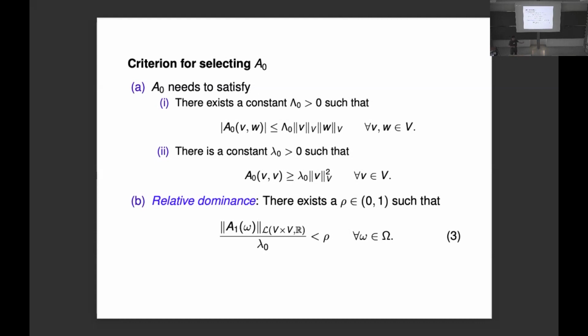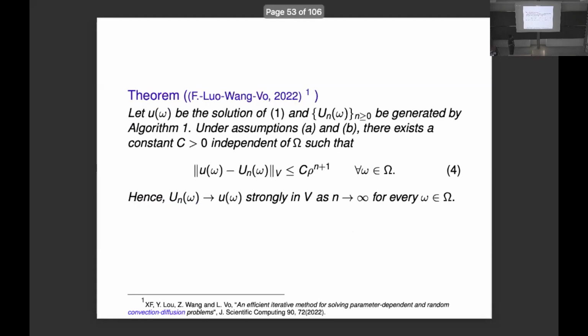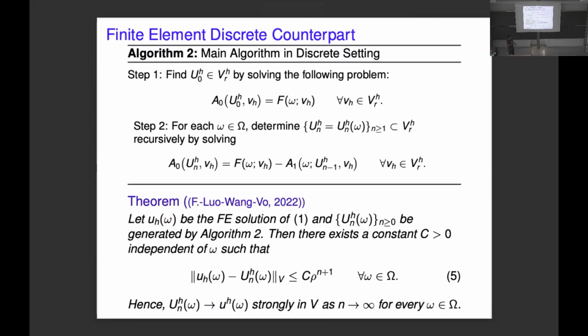The A0 term should be dominant, as expected. Here rho is less than 1. Then you have convergence, and the convergence rate is rho. This just appeared in a paper this year actually. And then you can do the finite element.